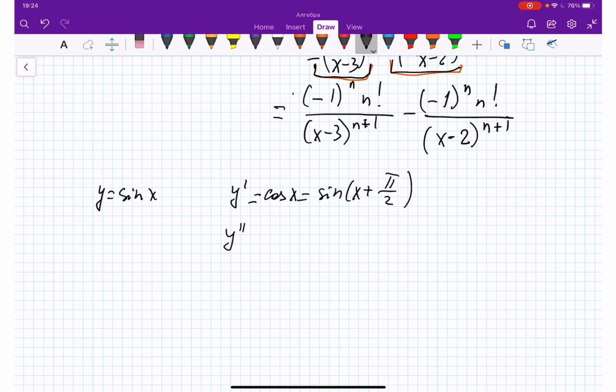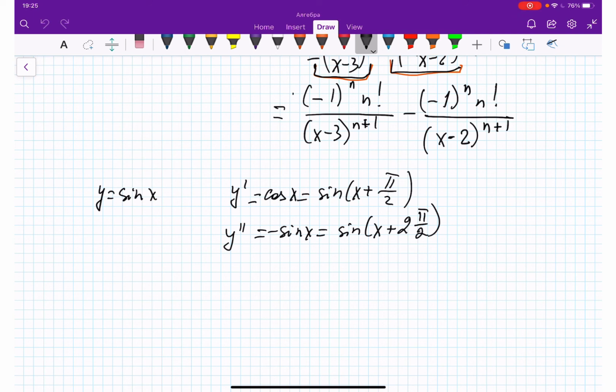Next, the second derivative is equal negative sine x, which is going to be sine x plus 2 pi over 2, right? Why is that? Because I have here the negative, it's an odd function, sine negative x is equal negative sine x, and I can make a 2 pi circle, right, and half a pi, so I will get the opposite sign, right?